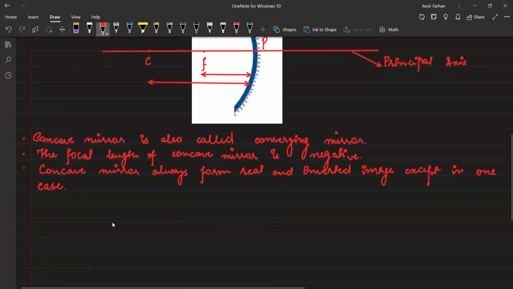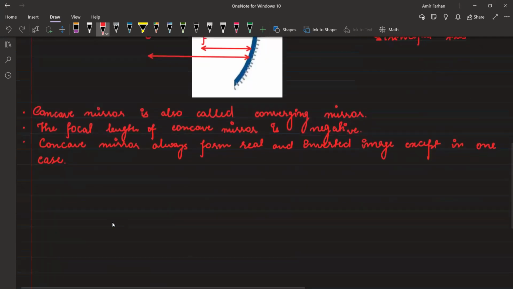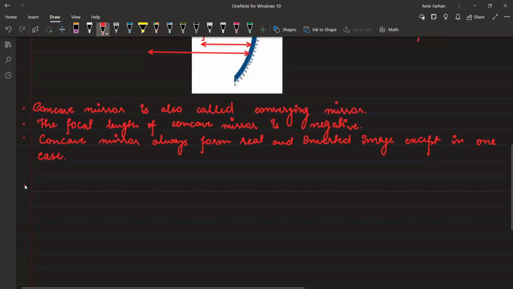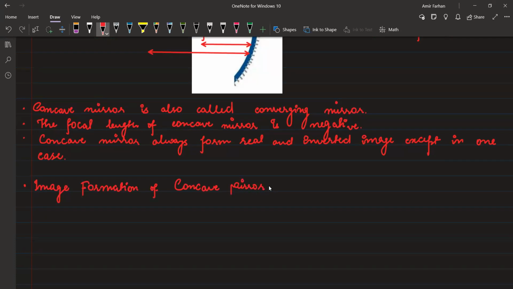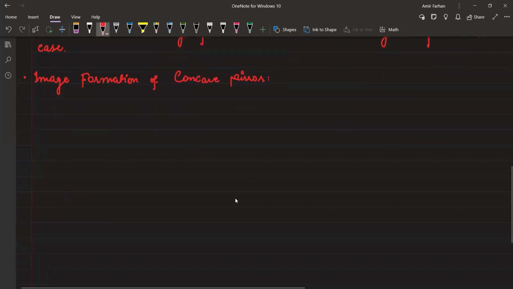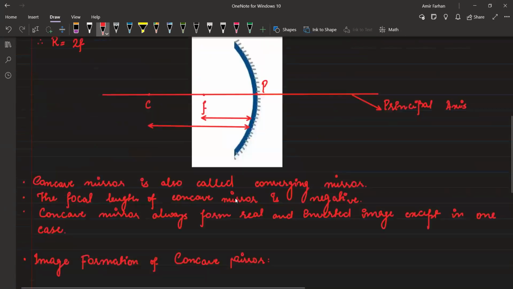So let's move forward to the image formation of the concave mirror. Image formation of concave mirror.